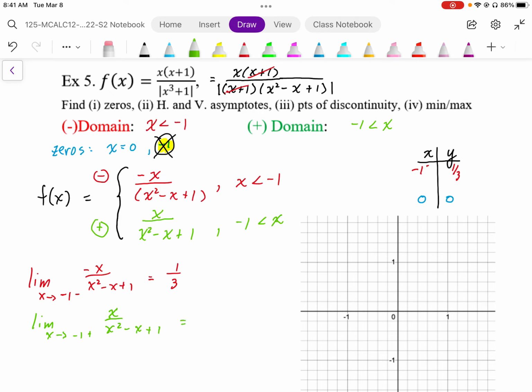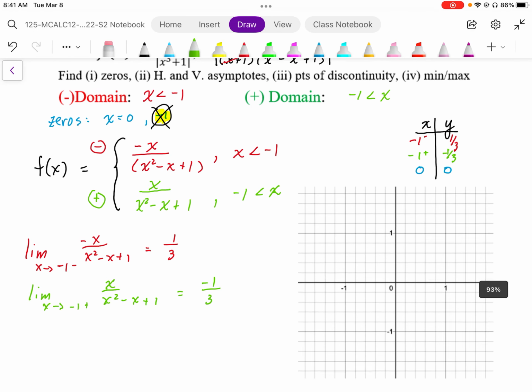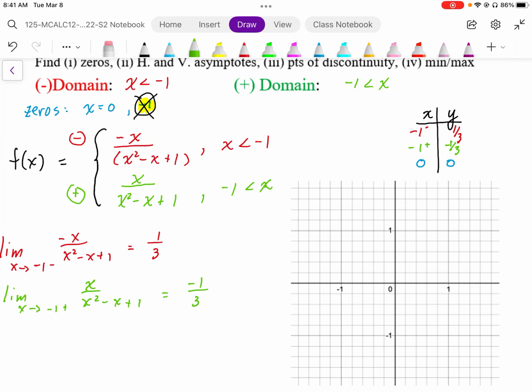So plugging -1 into here, I get -1 in the numerator, and this becomes, again, 3 in the denominator. So I've got a coordinate at -1 from the positive side is going to be equal to -1/3. Okay, but we know that at that point there's a restriction, so it's actually a hole there.